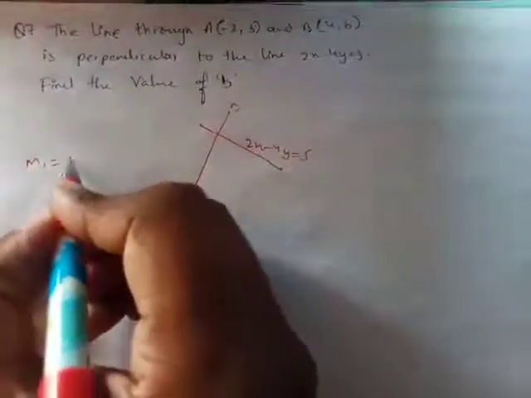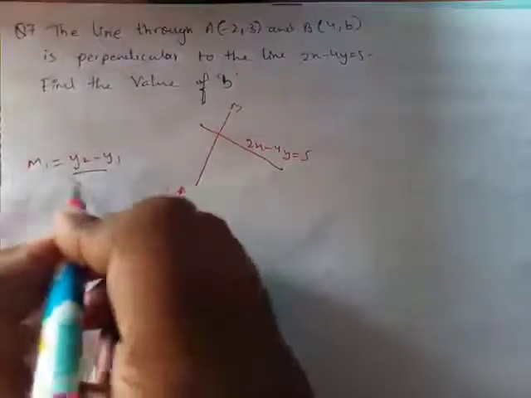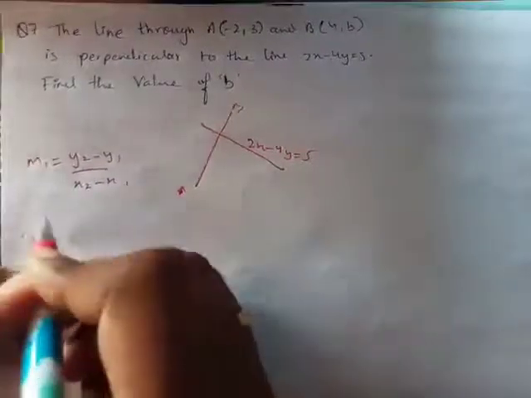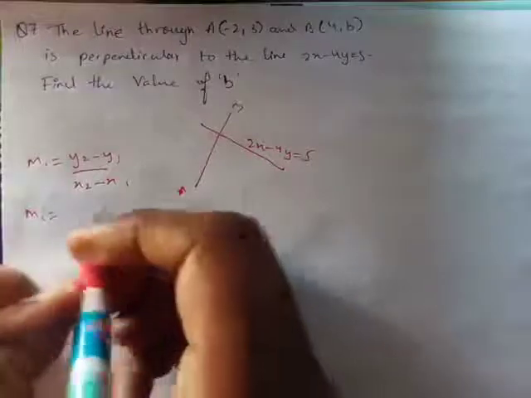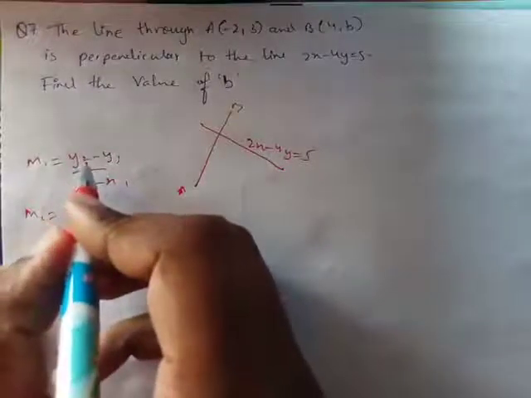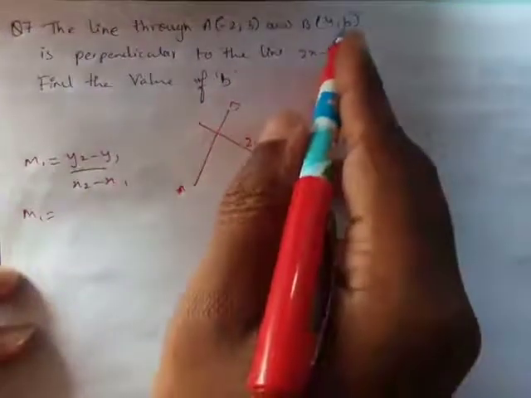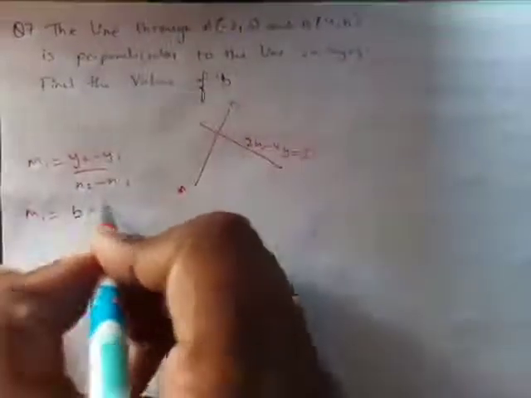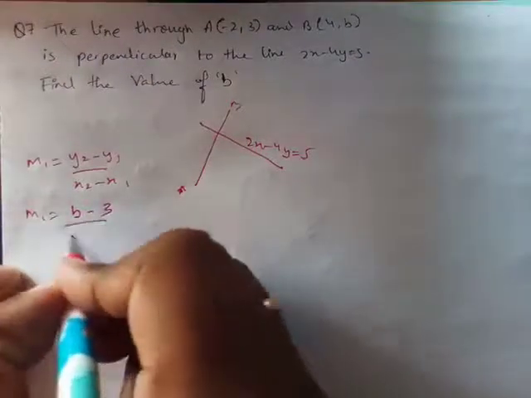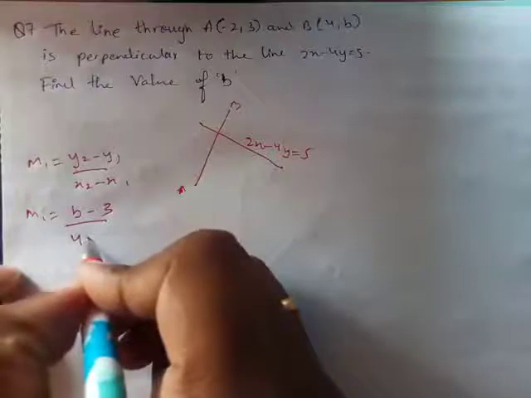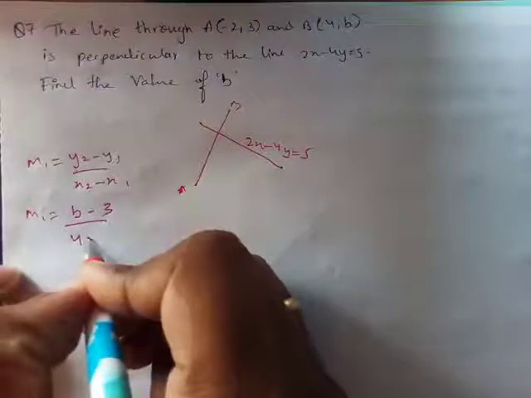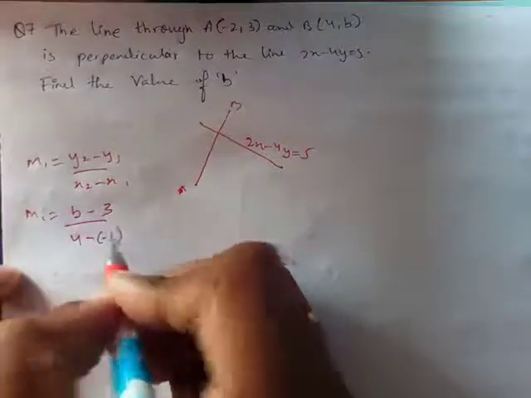So how to find the m of this? y2 minus y1 upon x2 minus x1. Simple. So m1 is going to be what for me? y2, what is y2 for me? Think about it. This is B minus y1, which is 3, upon x2, which is 4, minus minus 2.